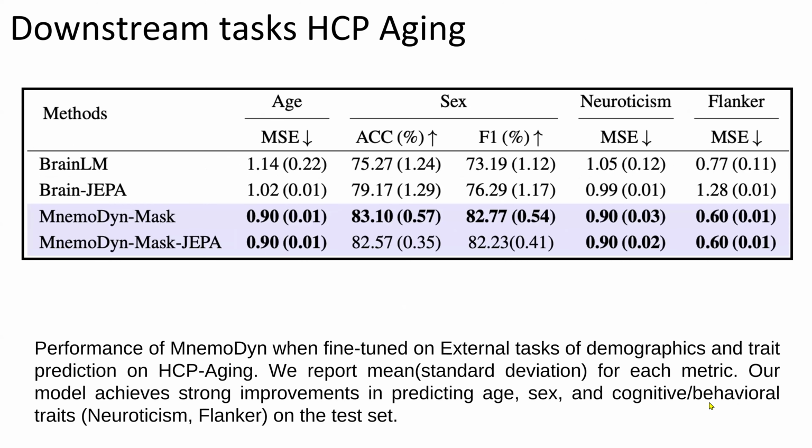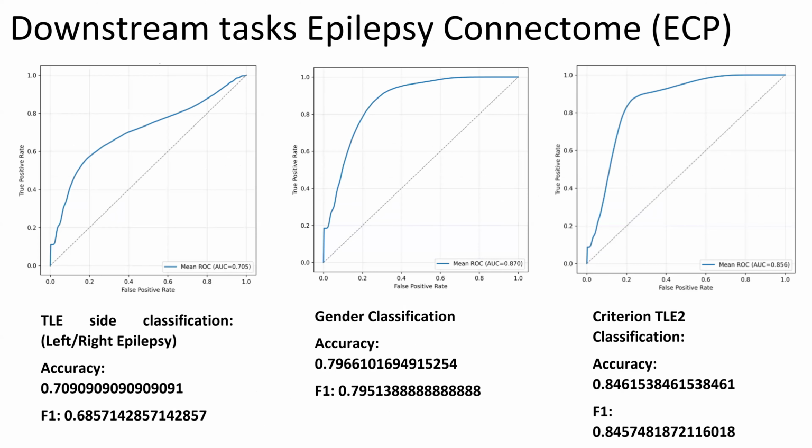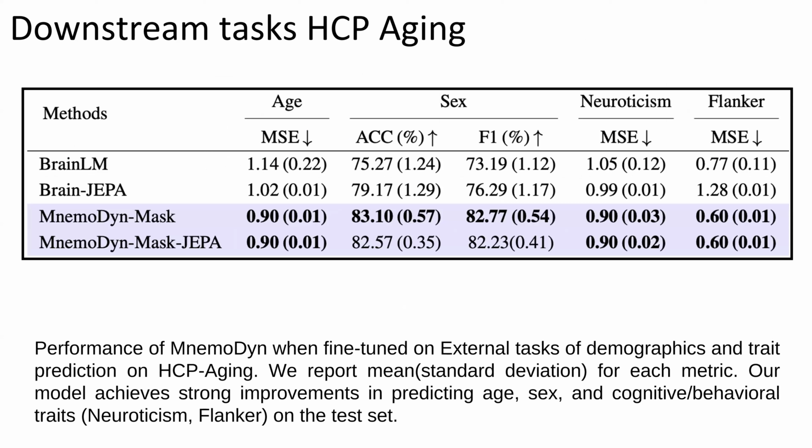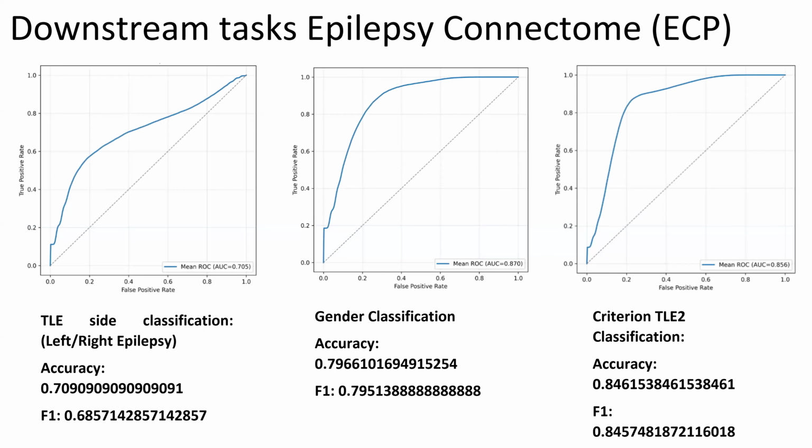Similarly, we ran experiments on HCP aging. Again, a very similar trend with respect to the types of regression and classification tasks people do in the literature. We are able to get good performance across the board.